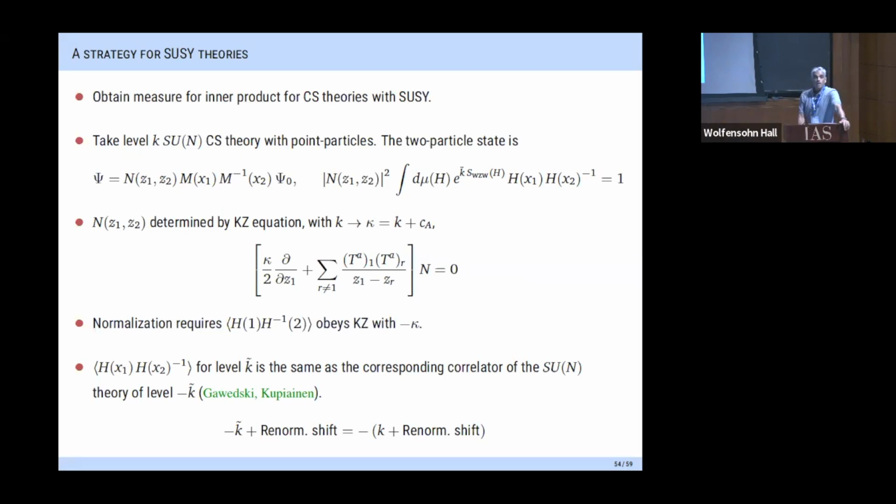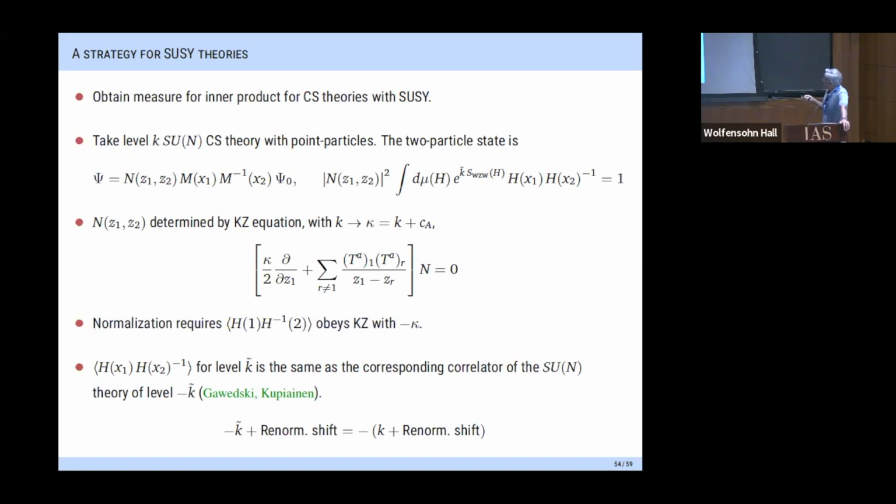What does that equation look like? It is going to tell me how N depends on Z1 and Z2, the positions of these particles that I introduced. And that equation, the Schrodinger equation, becomes what is known as the Knizhnik-Zamolodchikov equation from the point of view of conformal field theory.